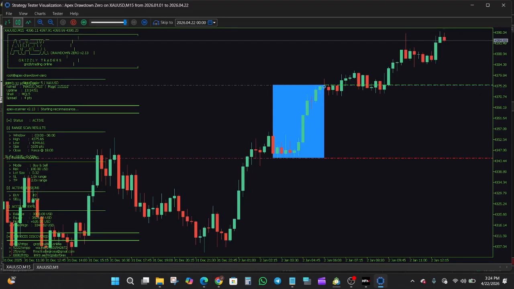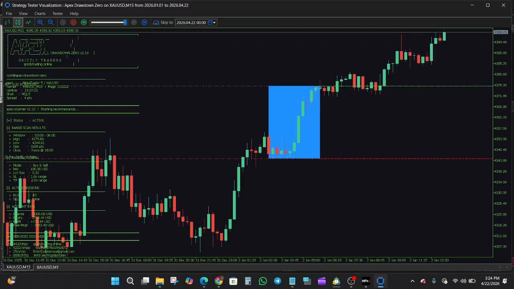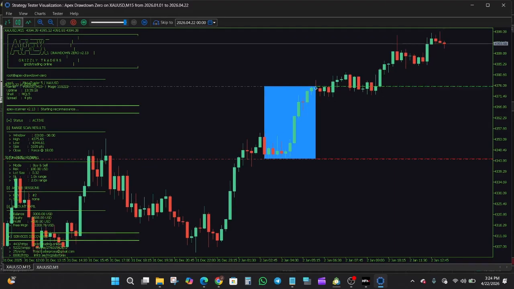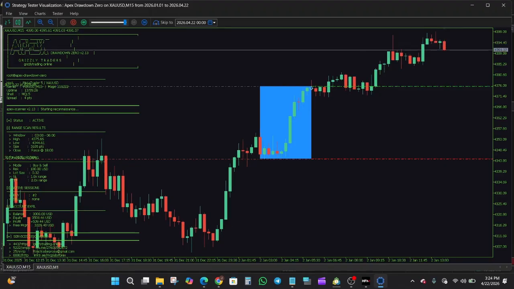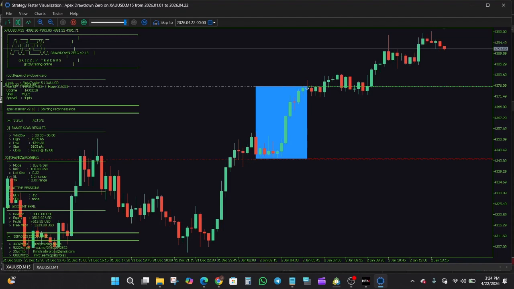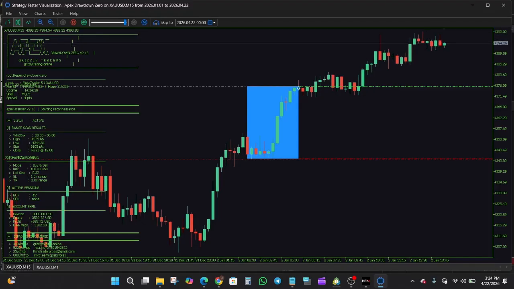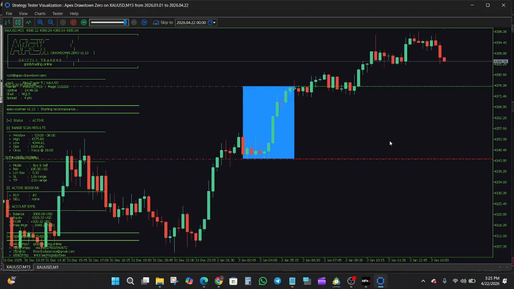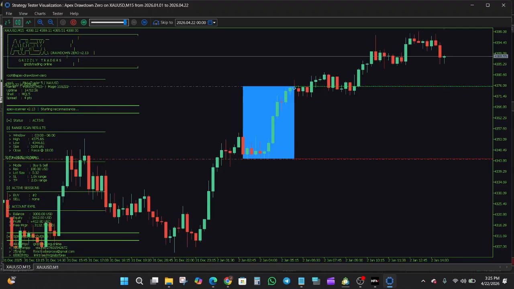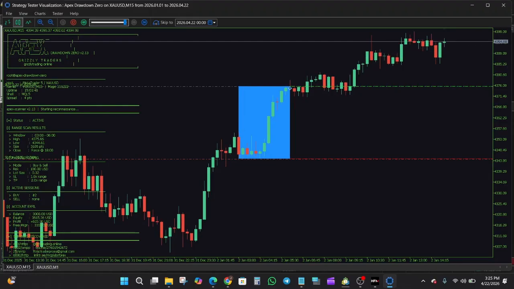Okay. However, the EA may struggle when breakouts are false or weak, and maybe when the market conditions are choppy, and also when price repeatedly breaks and returns into the range, right? Because in those situations, breakout systems can get caught in failed moves.